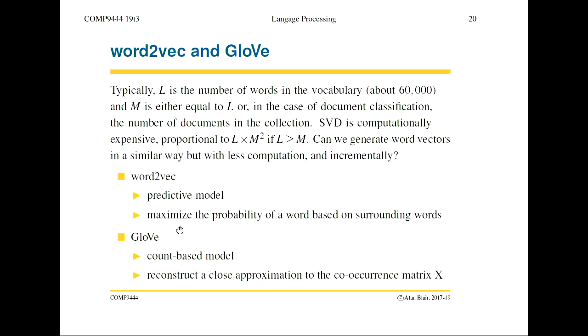It's a kind of neural net. It is a neural network, but it's a bit unusual because it's linear. There's no activation function. It's purely linear. But it's trained to try to maximize the probability of a word based on the surrounding words.